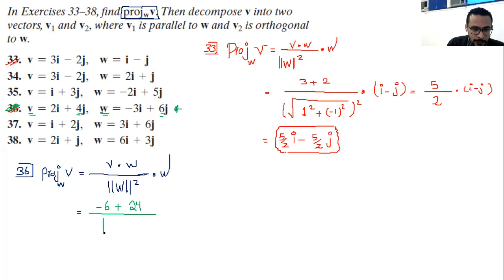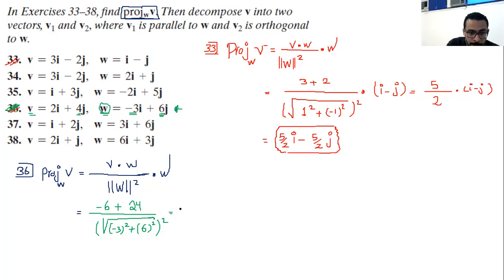And then the magnitude of W, all to the power 2. Pay attention all of you, please. We have the magnitude of W: squaring negative 3 squared plus 6 squared, and this all to the power of 2.